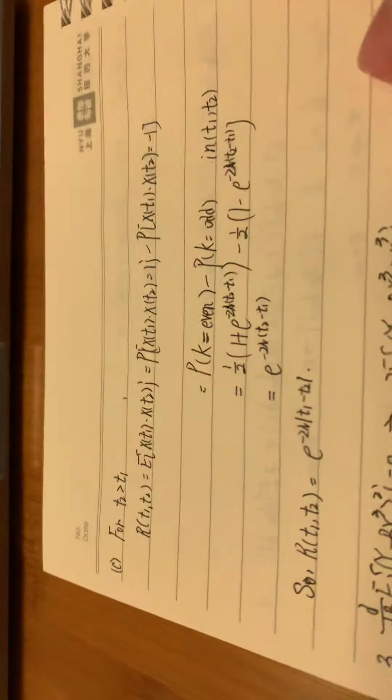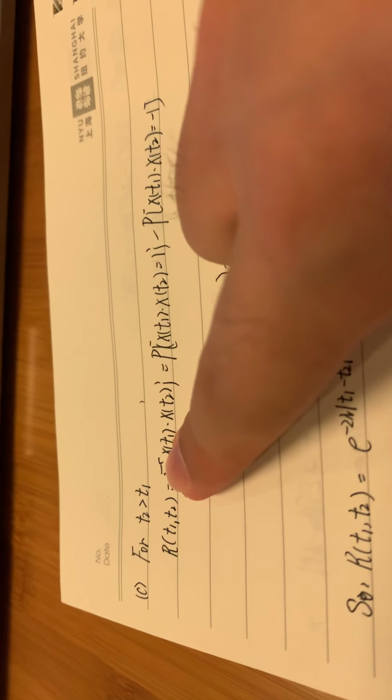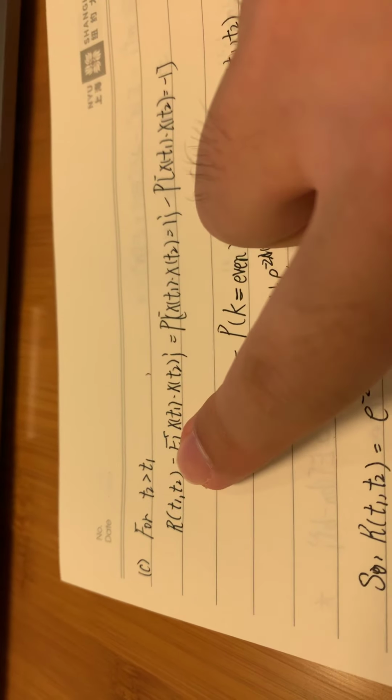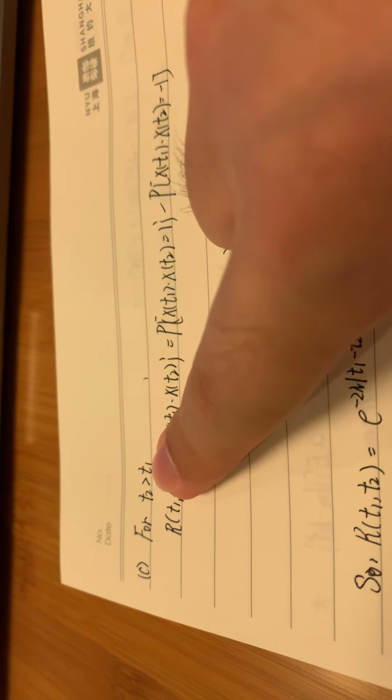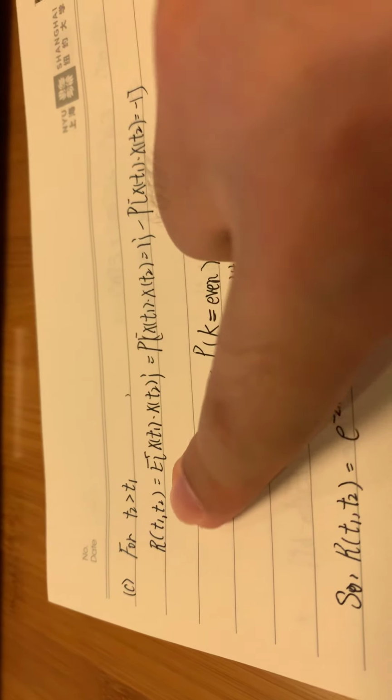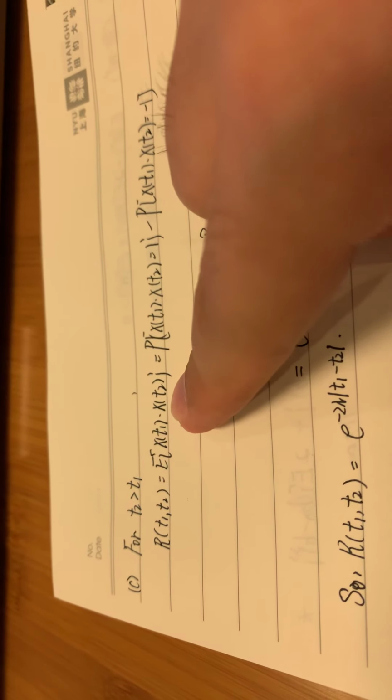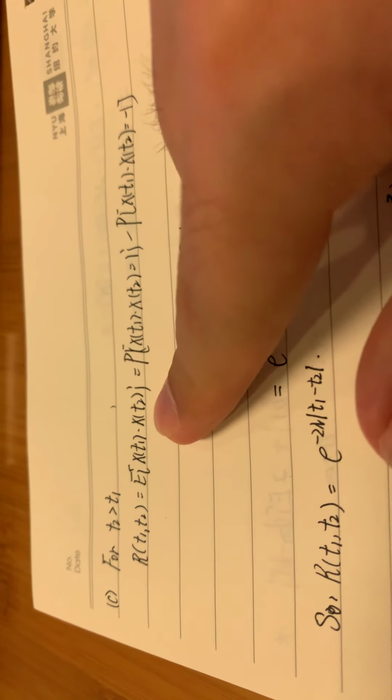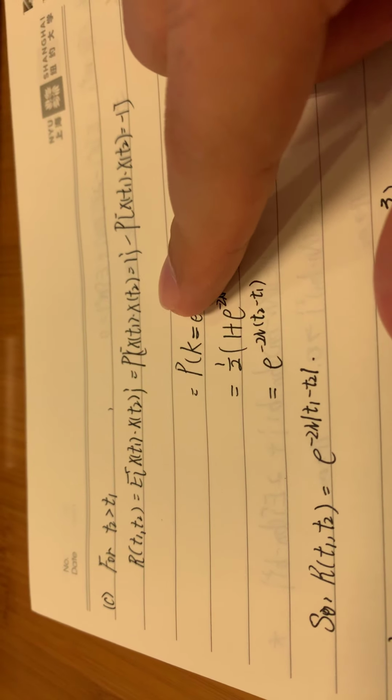Okay, the third sub-question: we should find R(t1, t2). For t2 larger than t1, that's the expectation of X(t1) multiplied by X(t2).